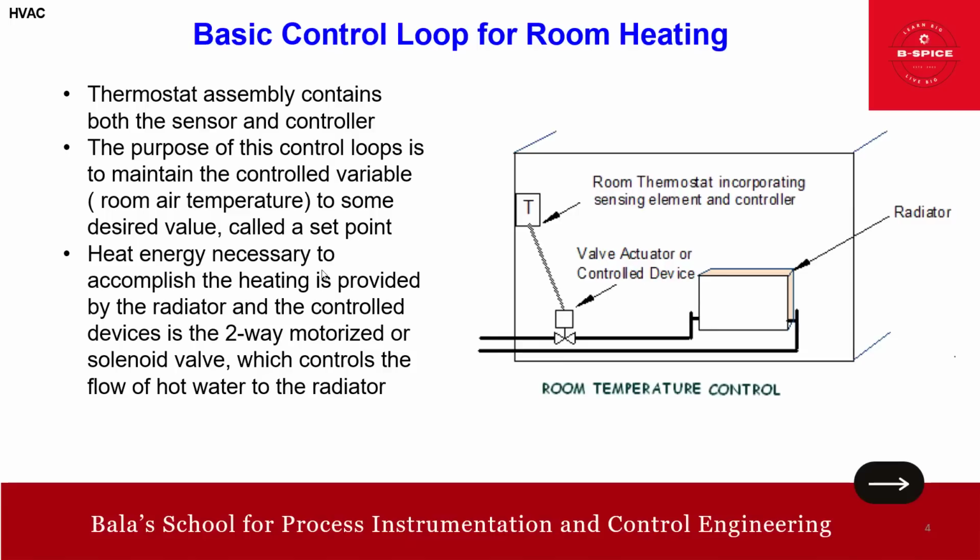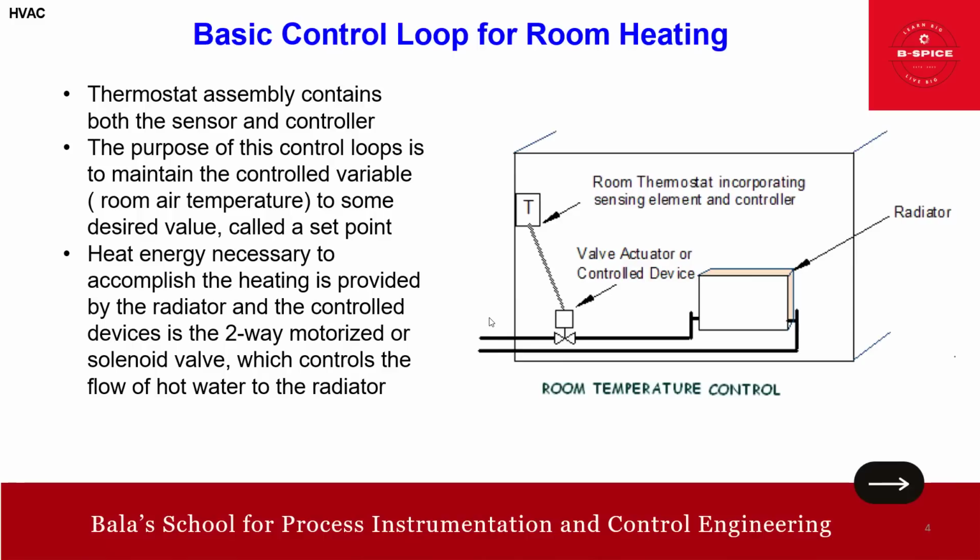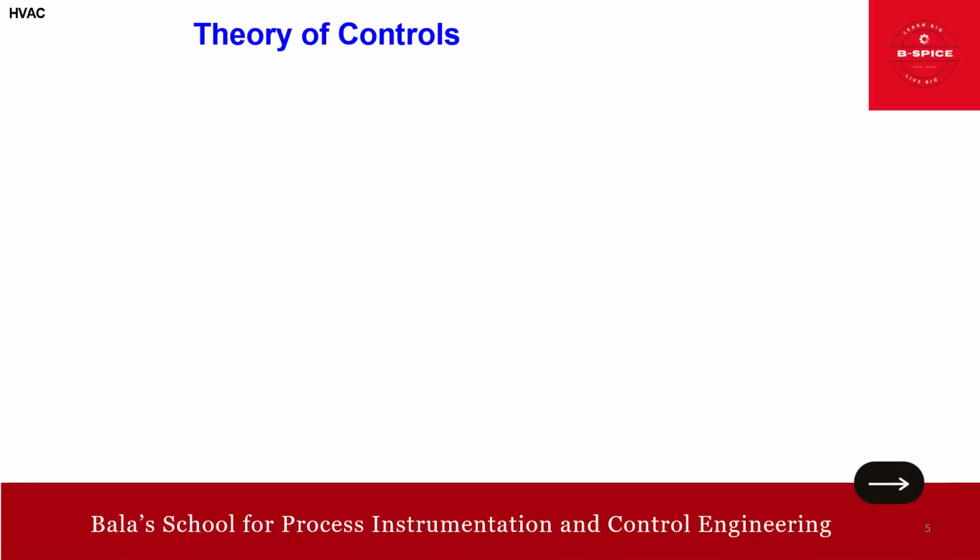The heat energy necessary to accomplish the heating is provided by this radiator, and the controlled device is a two-way motorized or solenoid valve which controls the flow of hot water to the radiator, as simple as that. So this is the basic control loop for room heating.